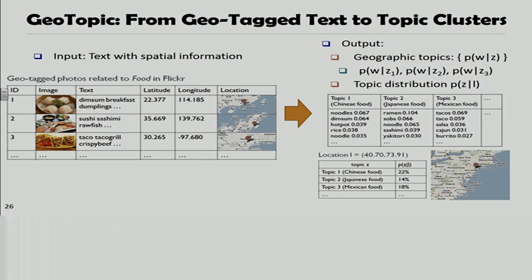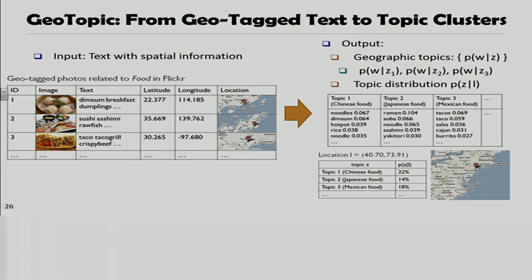One thing is he wants to find which food is popular in which part of the world. That means he wants to find whether you're taking Japanese food, Chinese food, or Mexican food, and where the popular places in the world are for this food.